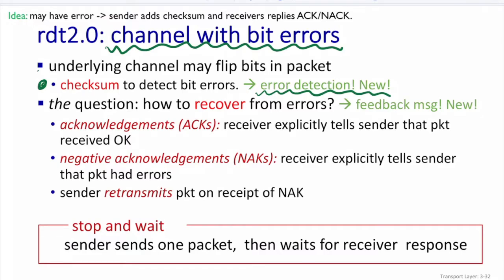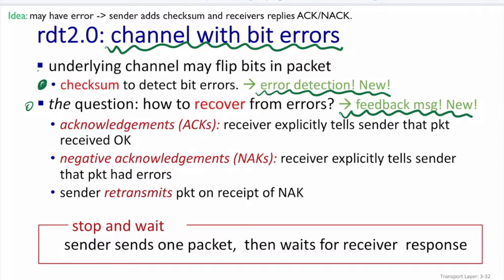The transport layer only needs to know this packet has some error, and I can check it by using the checksum mechanism. That is good enough. So how do we recover from such a bit error, since we know there is something wrong with it? Then we introduce another mechanism in RDT 2.0: feedback messages.